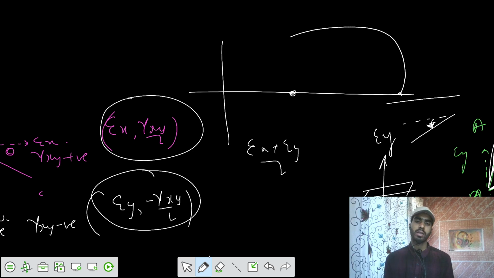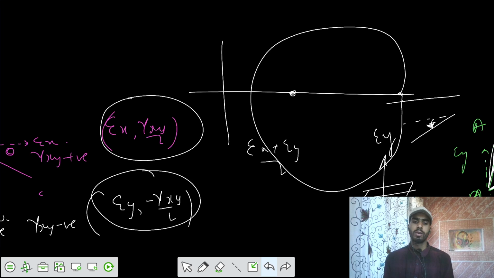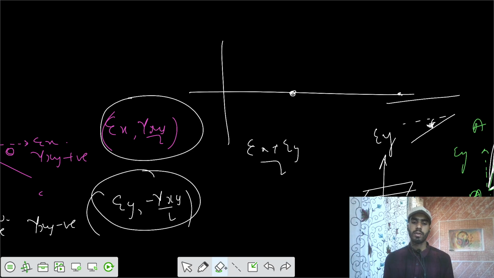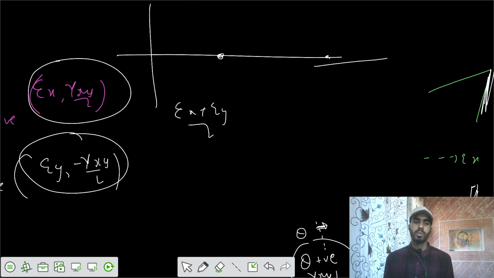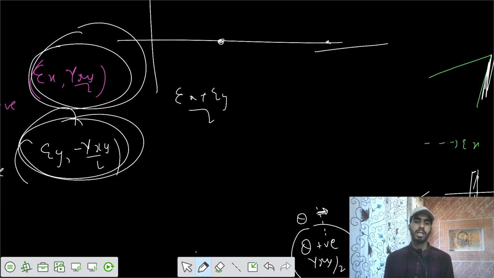Actually, the best correct way is, if you don't know the value of radius directly, you can first plot the 2 points, this one and this one, then you can say what the radius value should be.